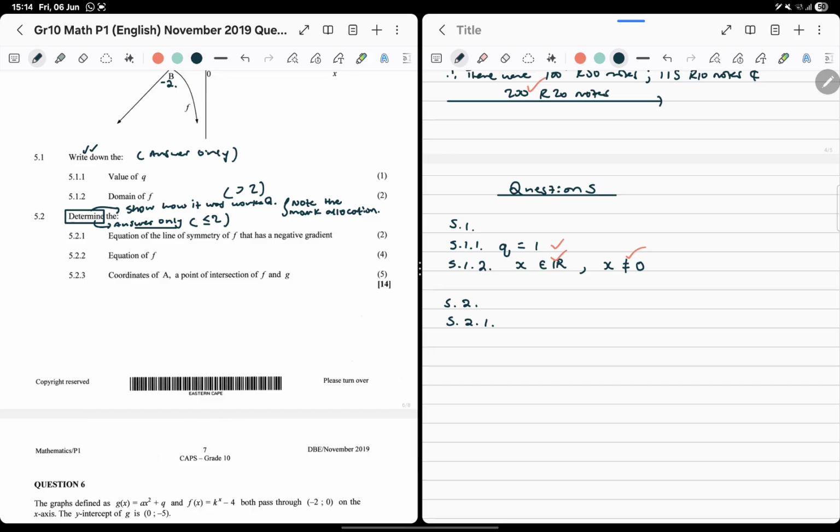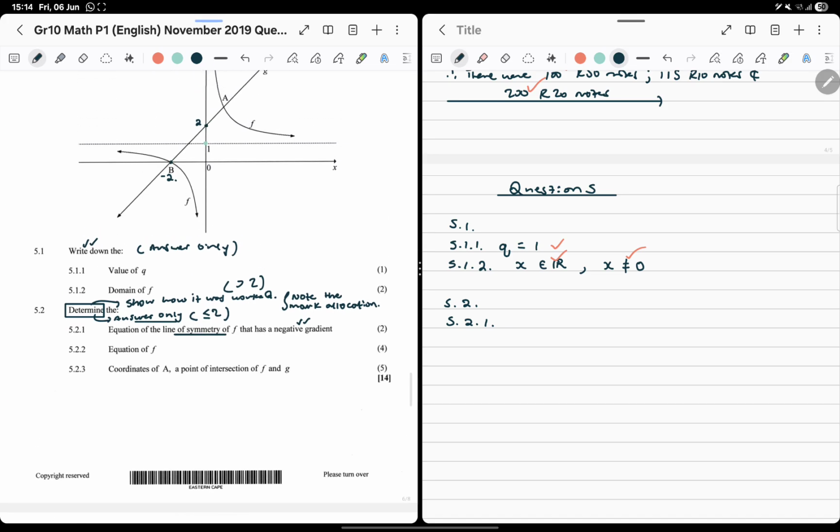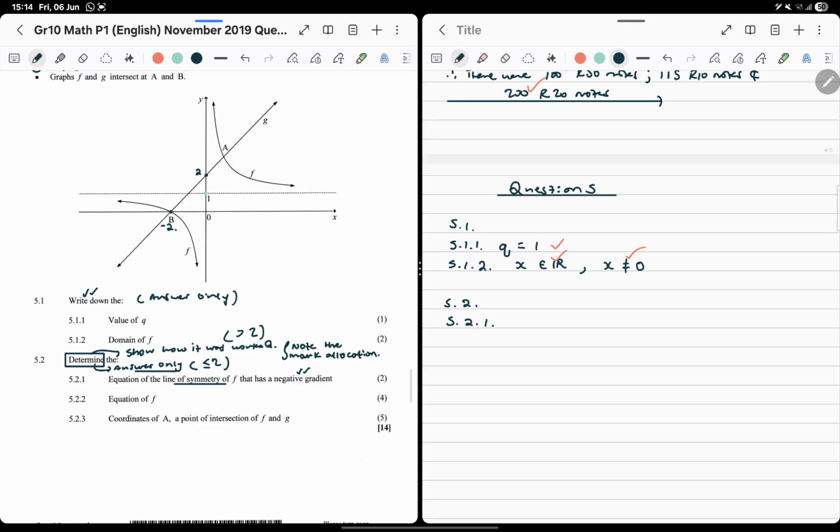Now we need to determine the equation of the line of symmetry of f with the positive gradient. This is easy because where do the asymptotes meet? At that point where x is 0 and y is 1. So the line of symmetry passes through there. And it has a gradient of 1.